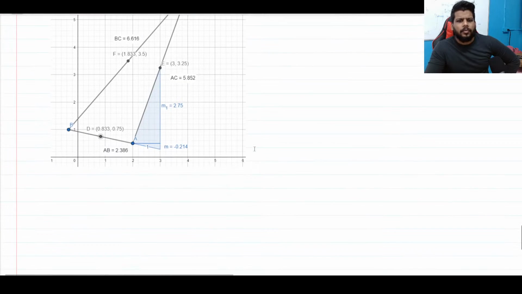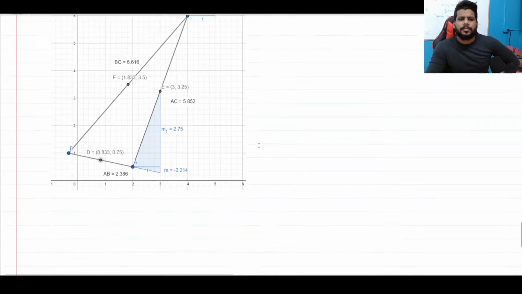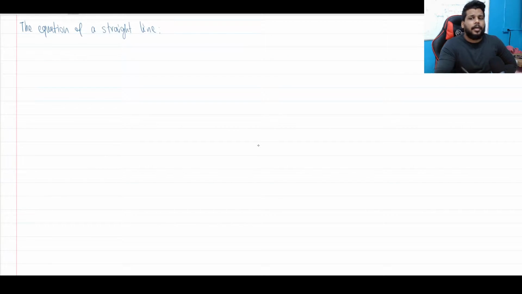So today we're going to dive into this concept of the equation of a straight line. Now, I will emphasize this.